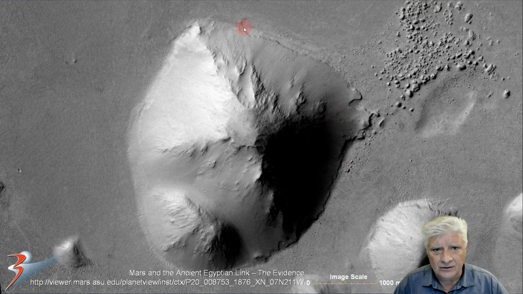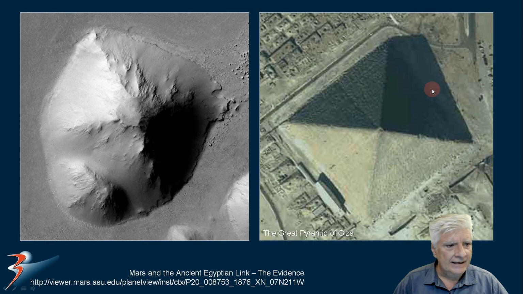Also, you can see water erosion around the edge, and it looks like there used to be a capstone on the apex. And there we have the Great Pyramid of Giza, same sort of proportions and shape.